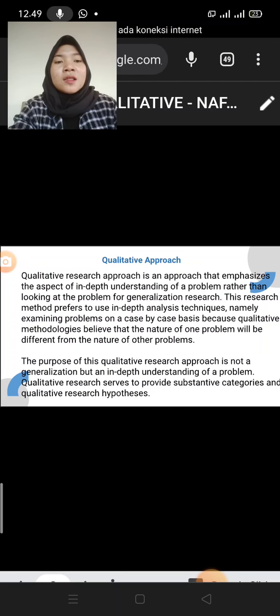The purpose of this approach is not generalization but an in-depth understanding of a problem. Qualitative research serves to provide substantive categories and qualitative research hypotheses.